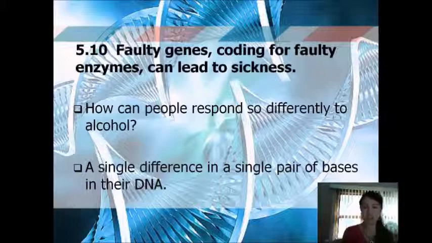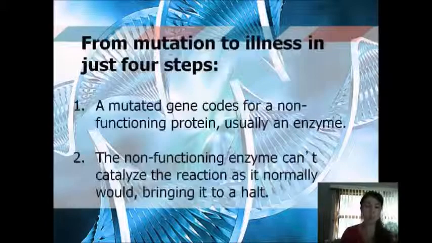And so that example in your book is because of different types of genetic dispositions to alcohol. Some people it doesn't seem to affect them, and in other people it affects them a lot. And that has to do with just a single difference in the base pairs of their DNA. So go check out that example because it's worth taking a look at.